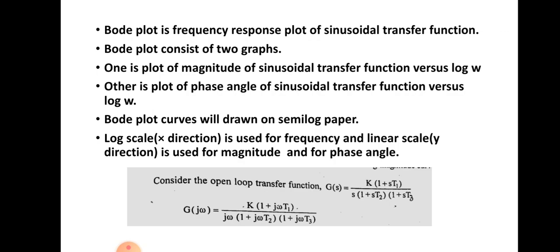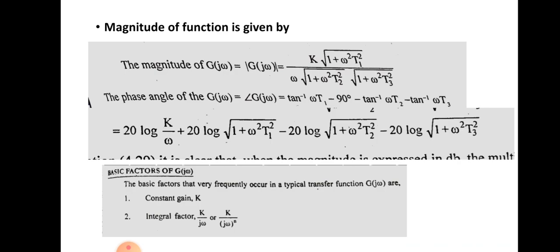And the next term is 1 plus j omega t2, and its angle will be tan inverse omega t2 by 1, that is tan inverse omega t2. Since it comes in the denominator side, when it goes upside, it will become minus tan inverse omega t2. Similarly, minus tan inverse omega t3. So the total angle will be tan inverse omega t1 minus 90 degree minus tan inverse omega t2 minus tan inverse omega t3. So these are the two important terms.